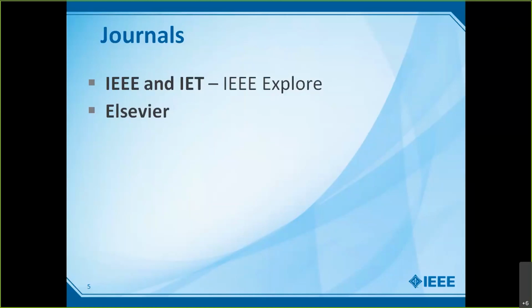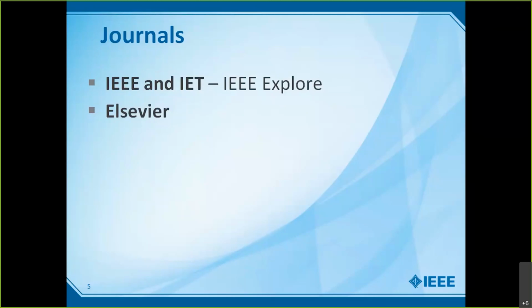Usually the research community puts these three on the top. IEEE and IET papers are available in IEEE Xplore. They are rated to be the best. And especially IEEE transactions. Wow, that's really great. If you are able to get a paper in IEEE transactions, it is a dream come true. Many people long for that, and that would be really great.